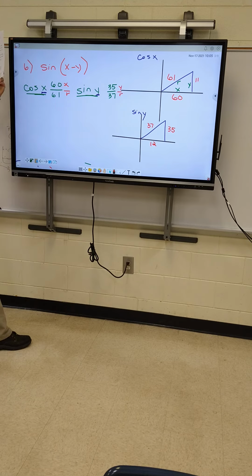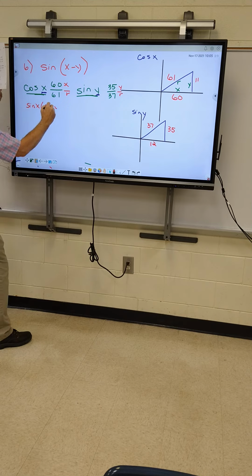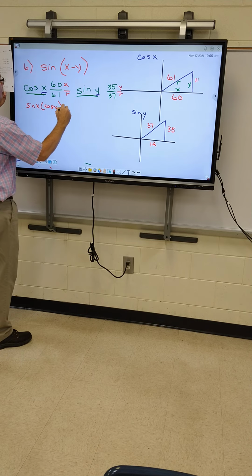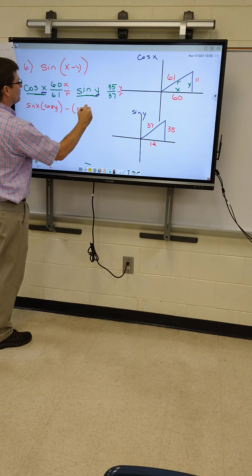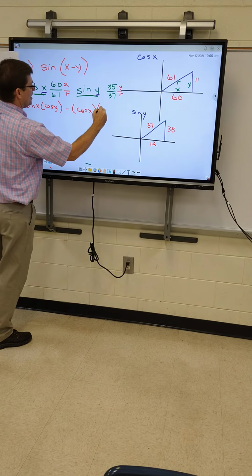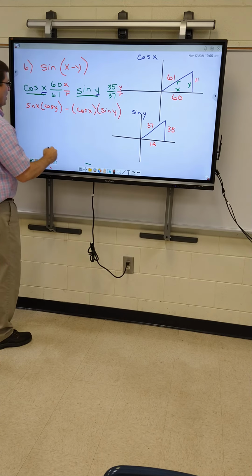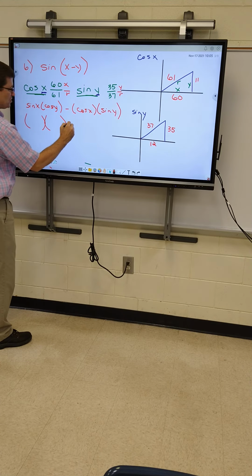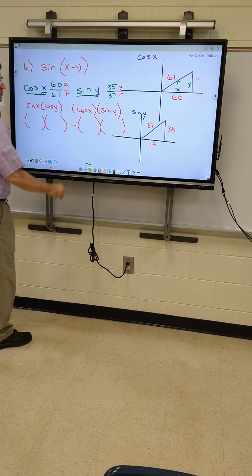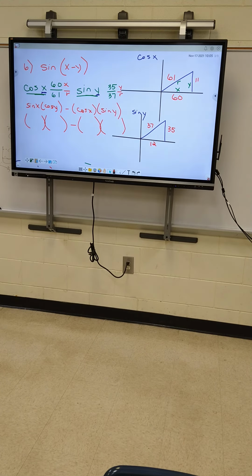Now look, I'm going to write it down. Y'all don't have to write it down if you don't want to. It's sine of x cosine of y minus cosine of x sine of y. And again, I don't care if y'all write this formula down or not. If it helps you write it, if not, you can just look at it on your paper. But you do have to write this part down, Wyatt.